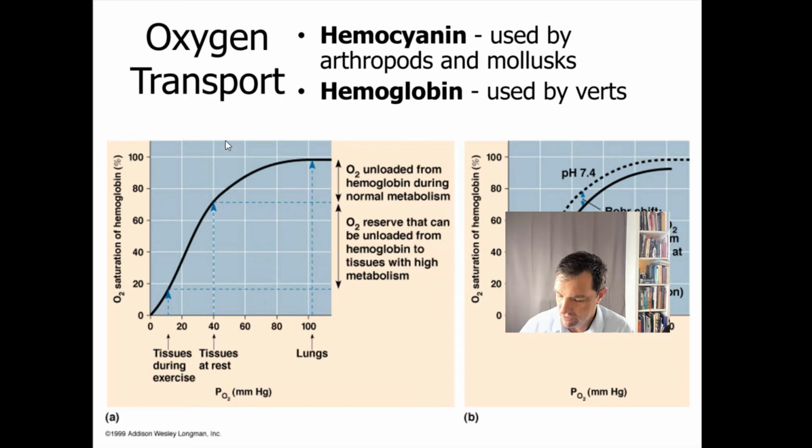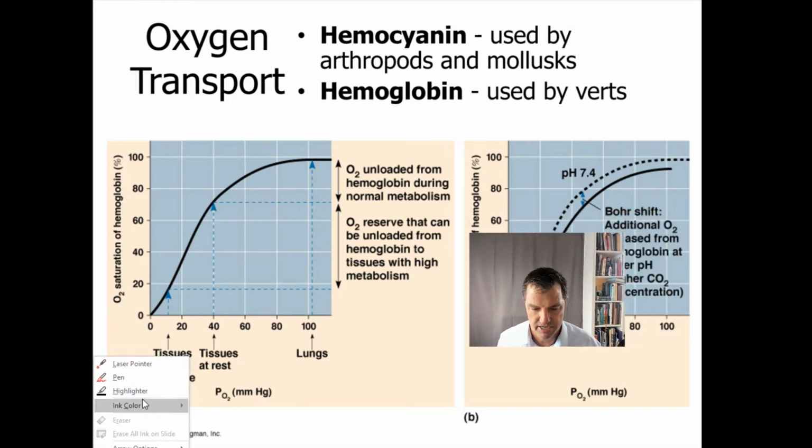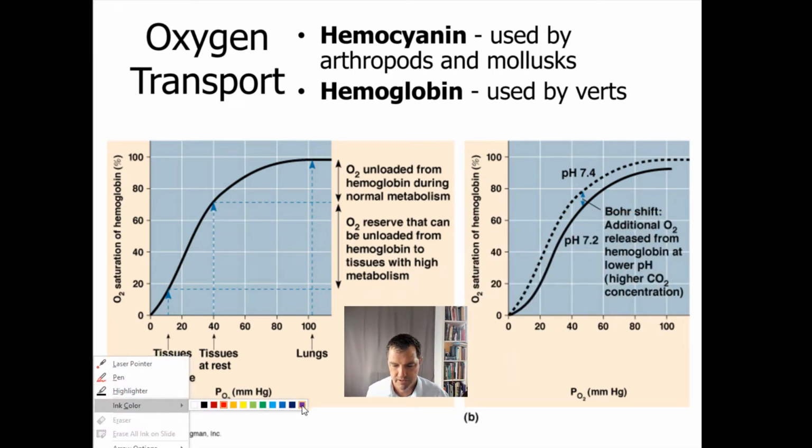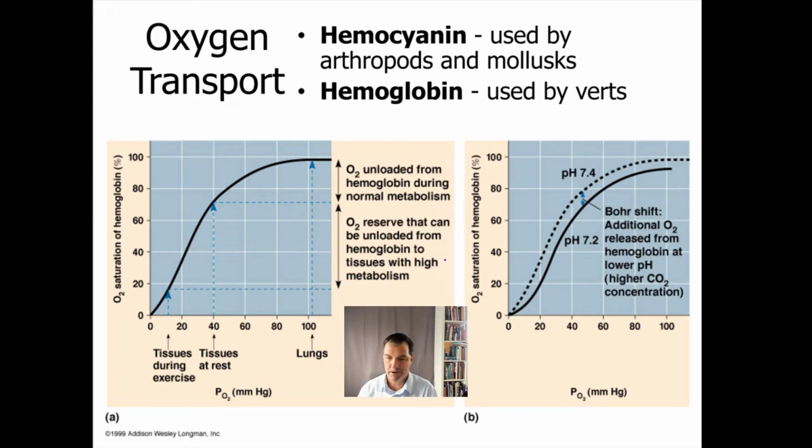So first, what you're probably familiar with in vertebrates, let me grab my pen here. Anyway, there we go. So when we talk about vertebrate animals such as us, we have a protein called hemoglobin, and other animals, arthropods and mollusks, have a similar protein called hemocyanin, similar in their function, but these proteins are used to transport oxygen primarily to the tissues of the body.